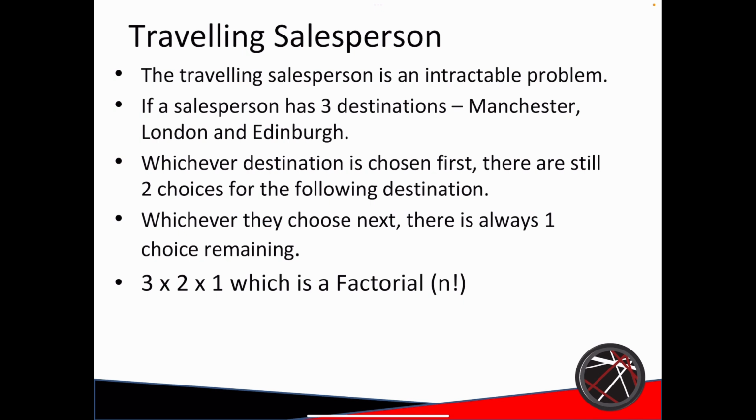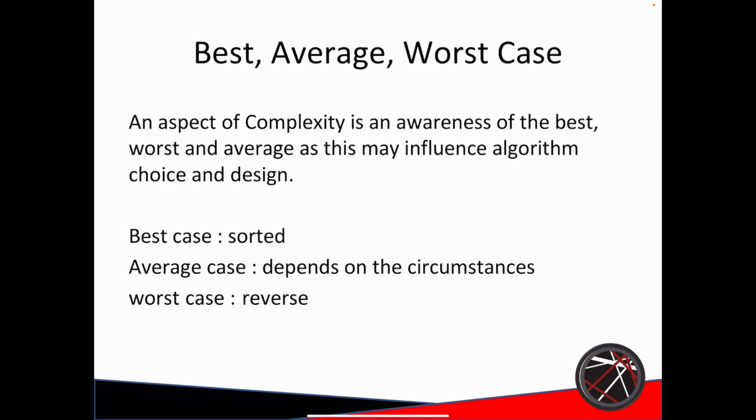We call this intractable because you can't actually improve it. Obviously, in reality, we could improve this by factoring in geography and mileage and those other things. But when we think of factorial problems, this is a situation where you can't improve it as it is. Really, we want to avoid these as much as we can. Hence, as I've suggested, we would want to factor in other elements, such as mileage, to try and avoid that issue.